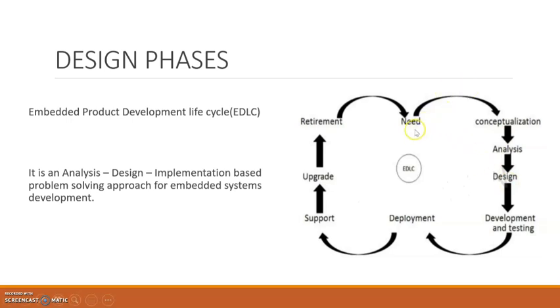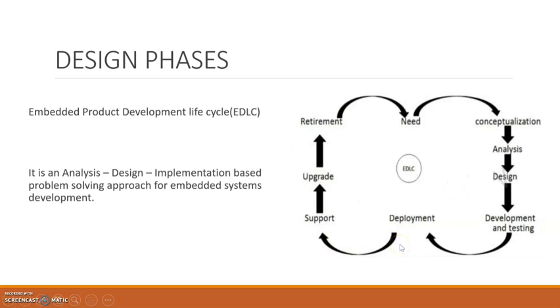Here you can see the various stages in this life cycle: there is a need, there is conceptualization, analysis, design, development, and testing happening. That is on the one side. And then there is deployment happening, deployment of the finished product. Then there is support, then there is upgrade, then retirement.